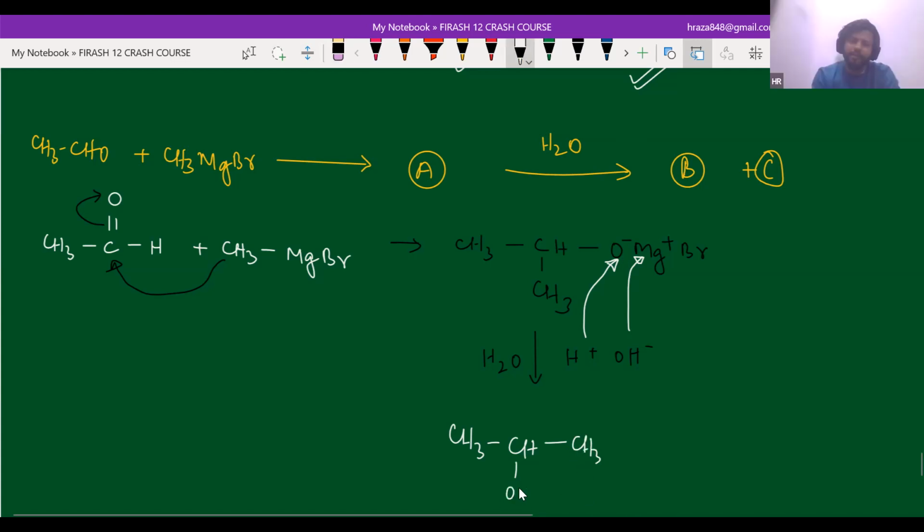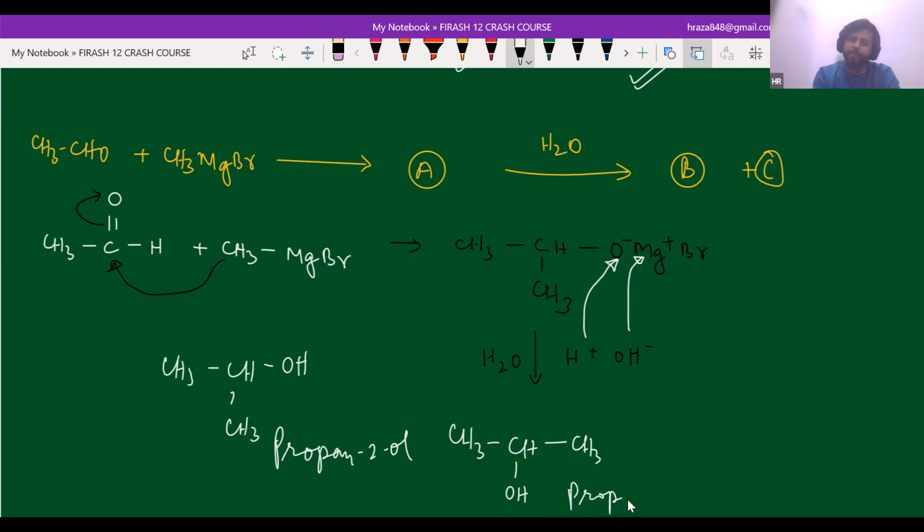Can I write this like this? Yes, I was writing like this. So both are same. You got propan-2-ol. This is also propan-2-ol, and this is also propan-2-ol. Yes or no?